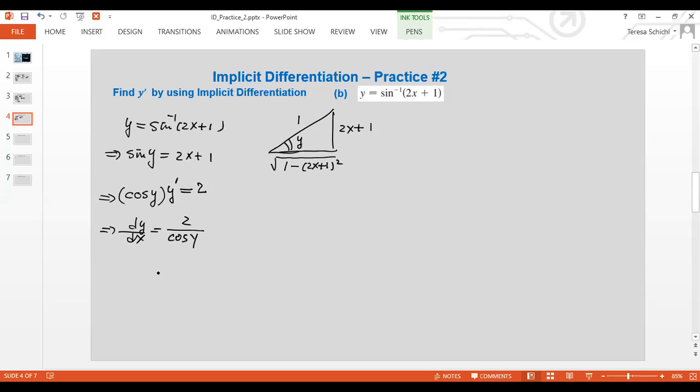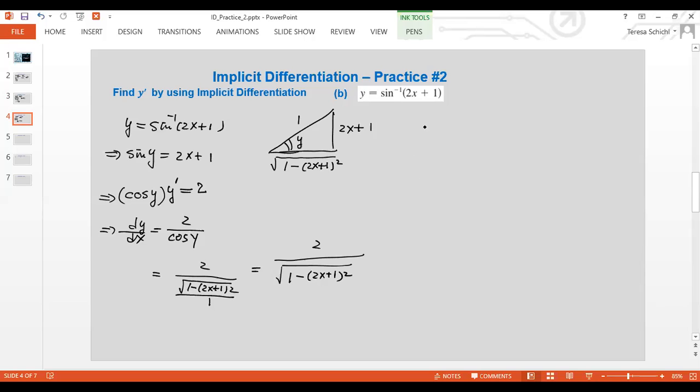So what is the cosine y? It is the square root of 1 minus 2x plus 1 squared, over 1, right? So that means my final answer is 2 over the square root of 1 minus 2x plus 1 squared.